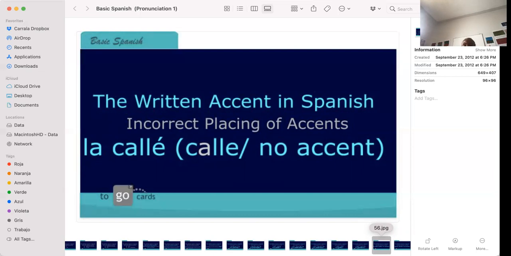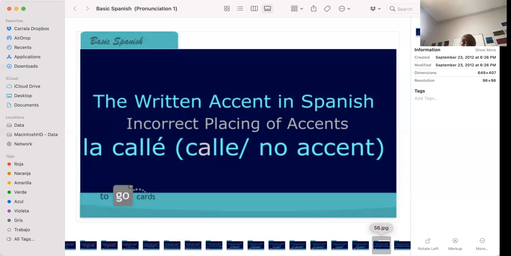In the parentheses, it's the word correctly spelled, with or without the accent. But outside, I put the accent in a place where it's not supposed to be. So the correct word is calle. But if you put the accent, you know, willy-nilly, because you think it's fancy or exotic, the pronunciation would be different.